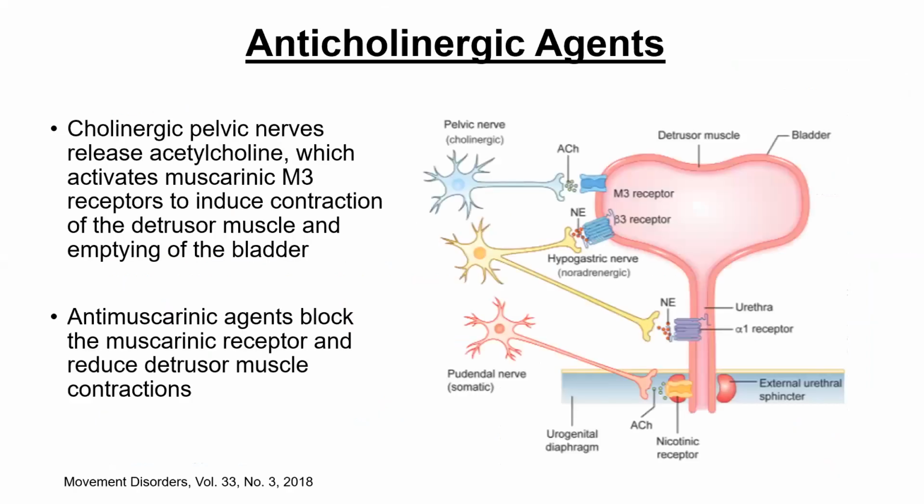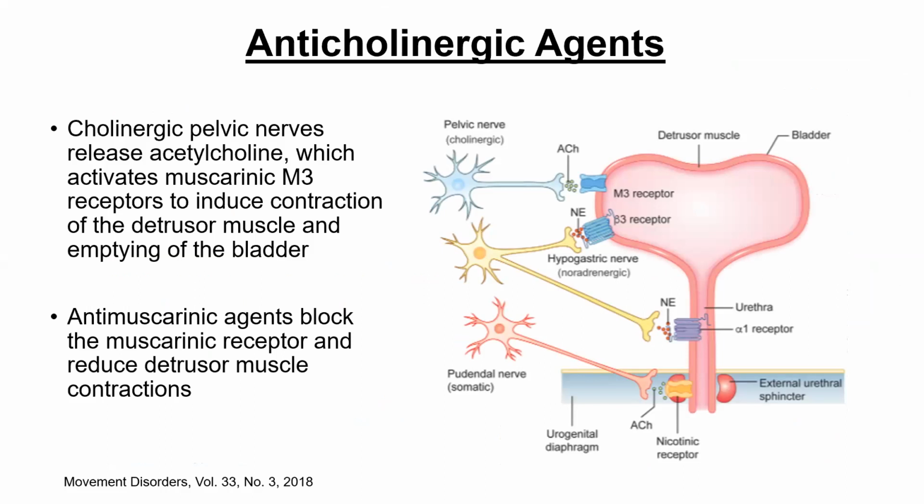Okay, anticholinergic agents. How do anticholinergic agents help in this process? This will again make sense if you review your autonomic pharmacology lecture. This has to do with the expression of the receptors. The detrusor muscle of the bladder expresses M3 muscarinic receptors.